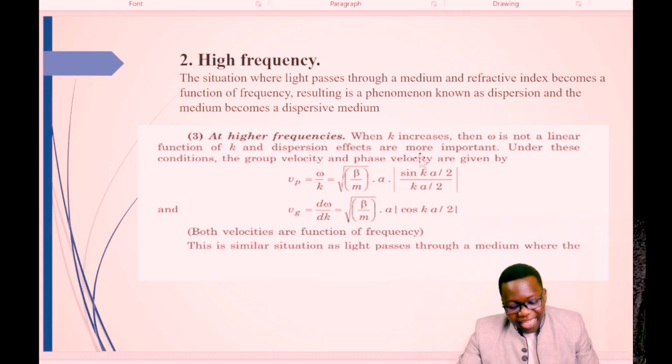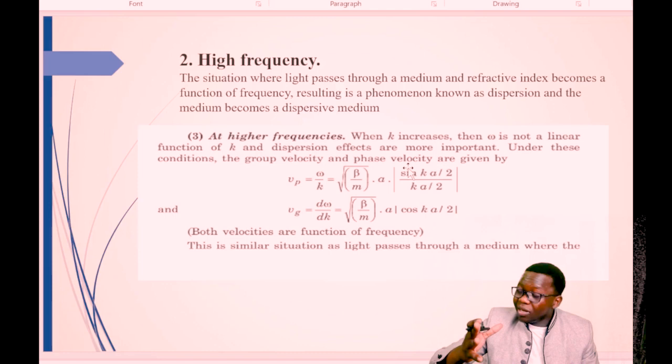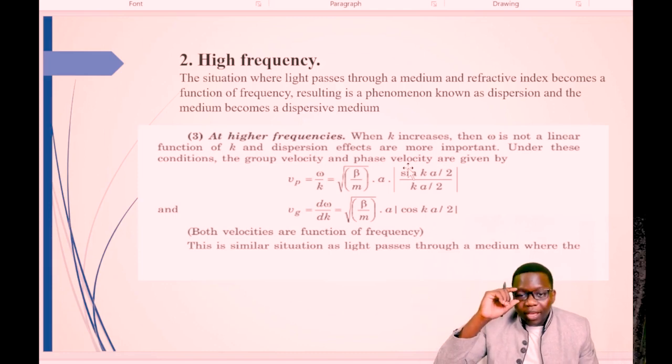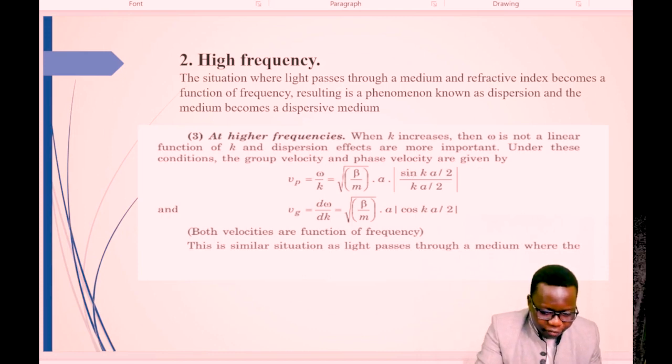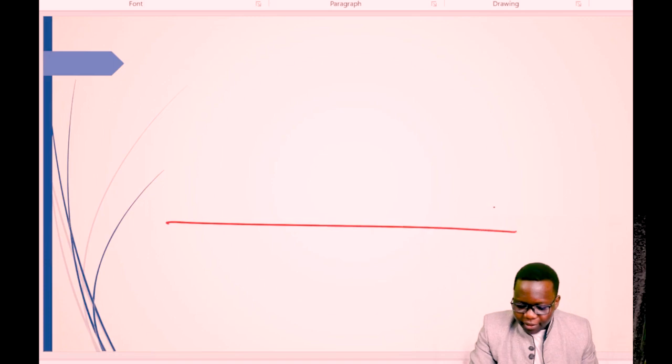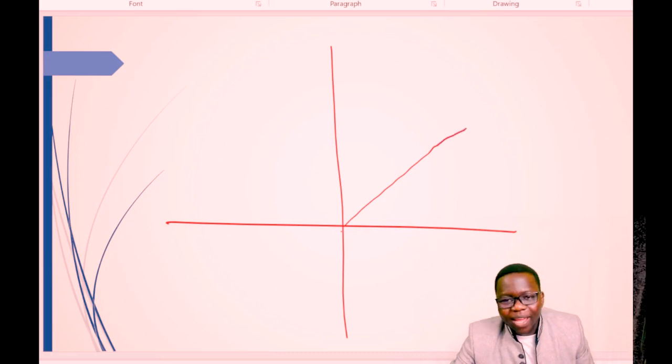Well, at higher frequency, if we increase k, the constant of propagation, the angular frequency initially increases as a straight line at lower frequencies, but a point is going to be reached when it stops being a linear function.